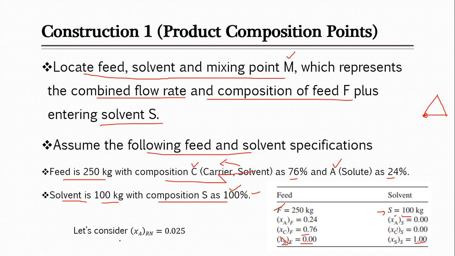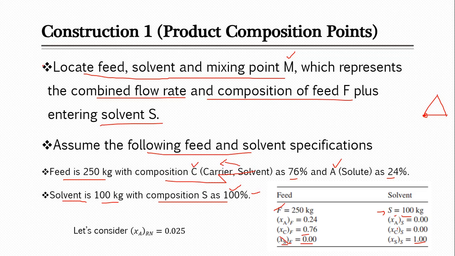Up to here, one thing, just look at how many variables we have. First of all, I asked you that you should know the temperature of the system, so that you can draw the diagram based on the equilibrium data.